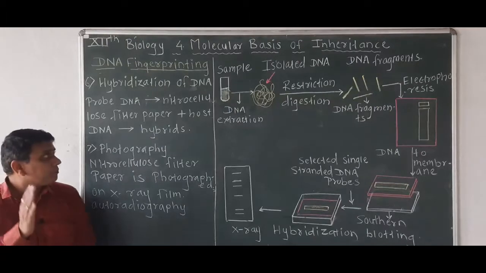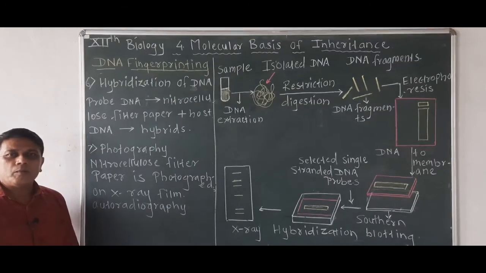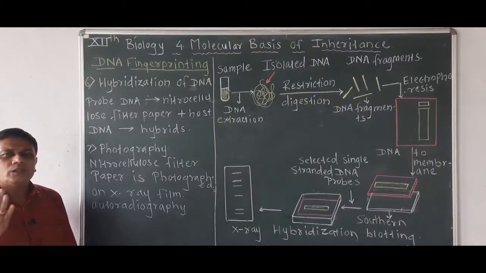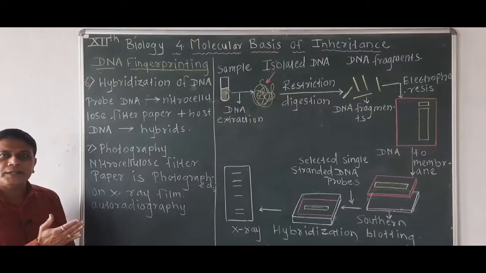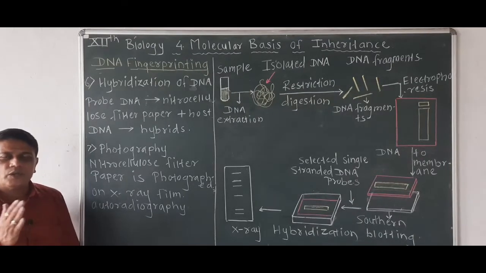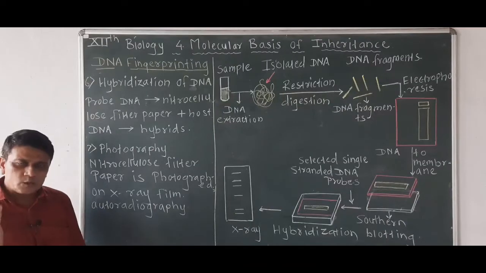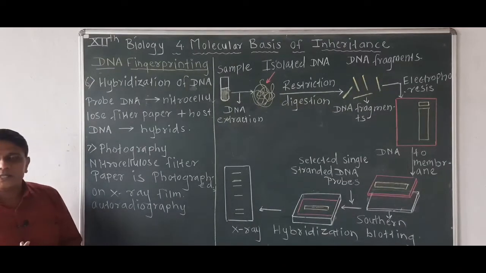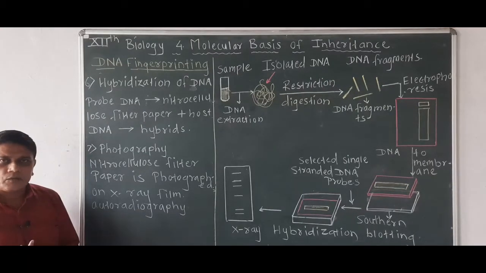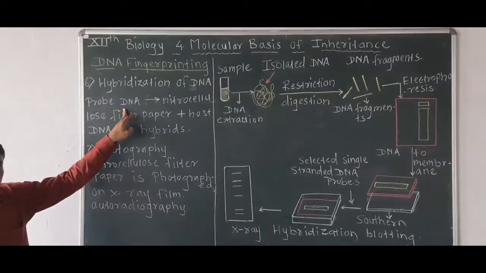Now we have seen that the DNA probes may be selected from an organism, or prepared by the cDNA technique, in which single stranded DNA is produced from RNA. So the DNA for hybridization may be produced by the cDNA method or selected from an organism. Such DNA is called DNA probe and it is single stranded.